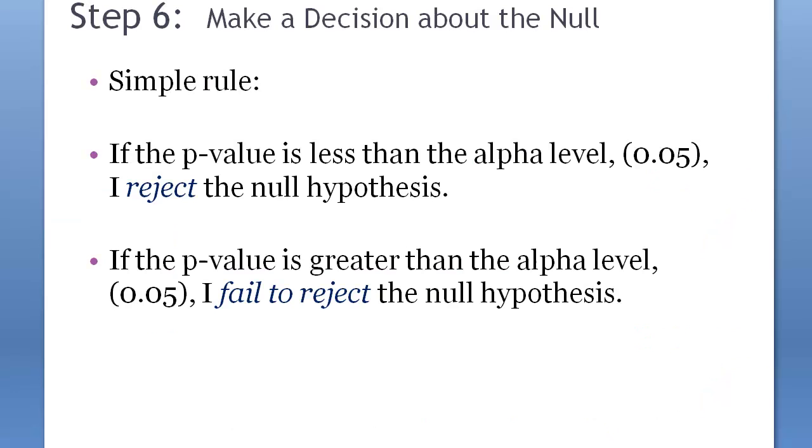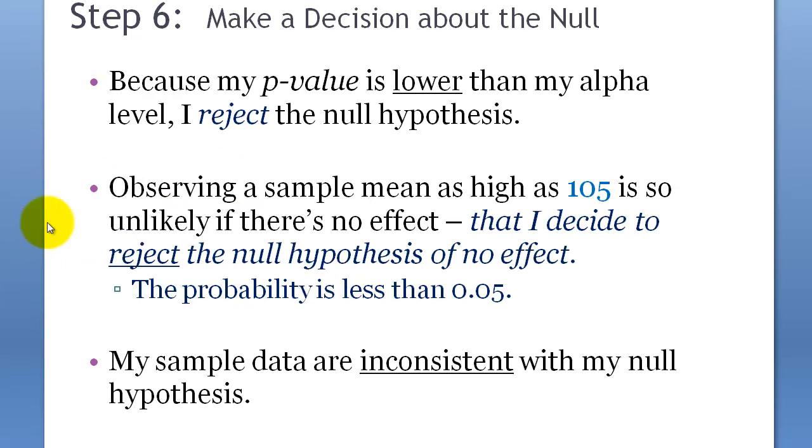Okay, so finally, what you do is, because my p-value is lower than my alpha level, I reject the null hypothesis. Observing a sample mean as high as 105 is so unlikely if there's no effect, so I decided to reject the null hypothesis of no effect. The probability is less than 0.05.